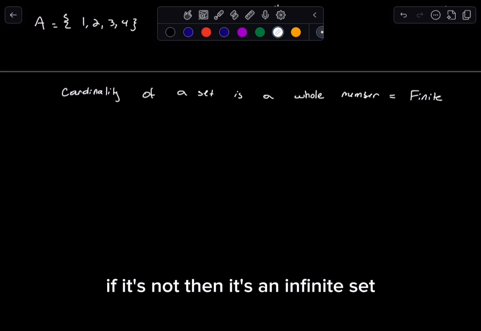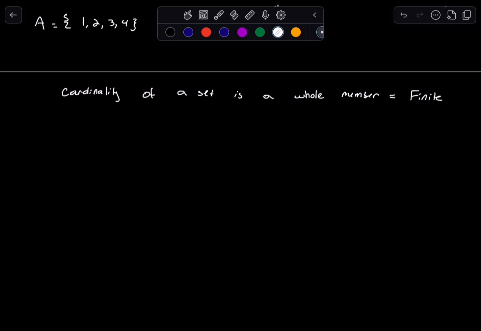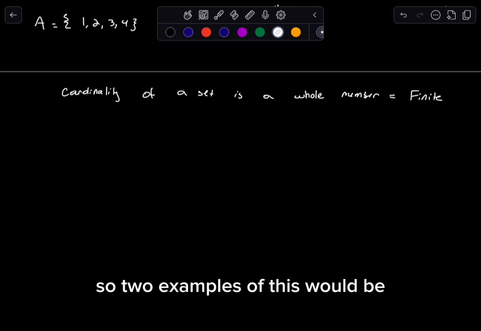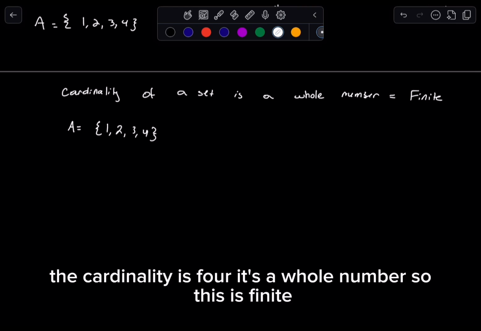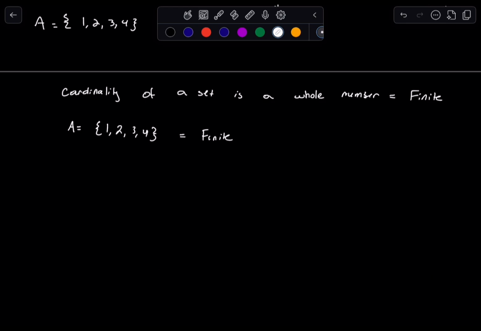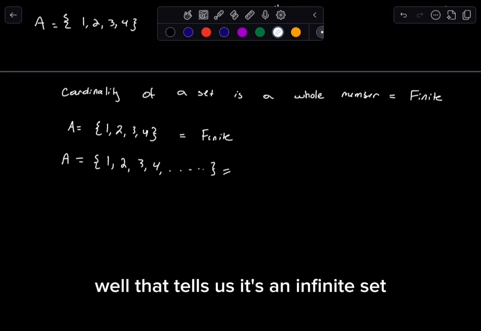If it's not, then it's an infinite set. So 2 examples of this would be 1, 2, 3, 4. The cardinality is 4. It's a whole number. So this is finite. However, if we have 1, 2, 3, 4 until infinity, well, that tells us it's an infinite set.